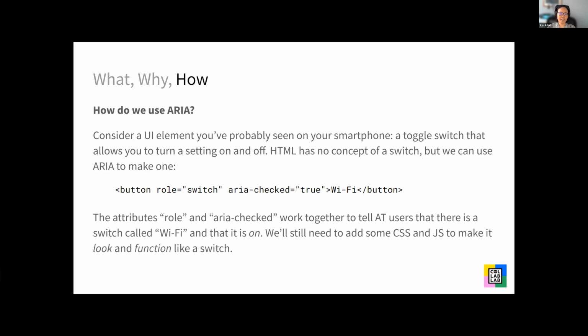In this slide, we can see a button with the text Wi-Fi, and an ARIA role of switch and aria-checked true. These attributes, role and aria-checked, work together to tell AT users that there is a switch called Wi-Fi and it is on. But we'll still need to add some CSS and JavaScript to make it look and function like a switch.